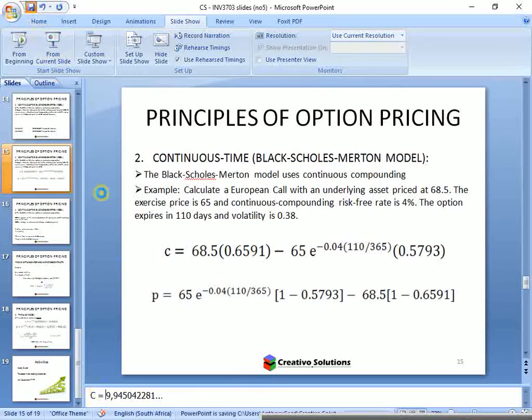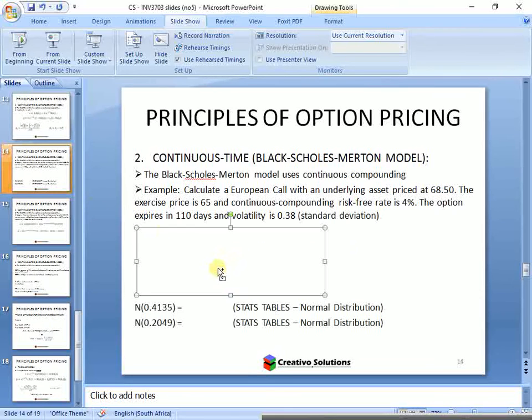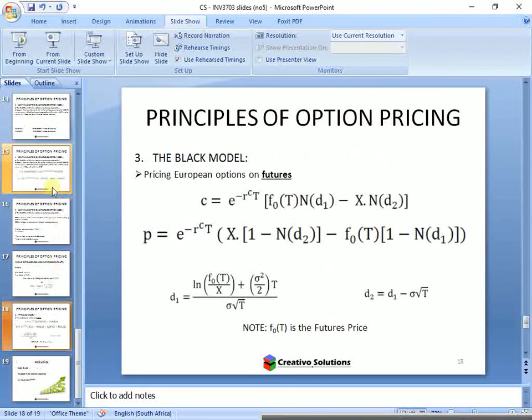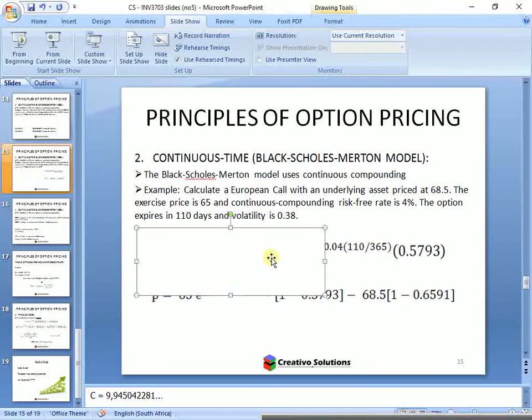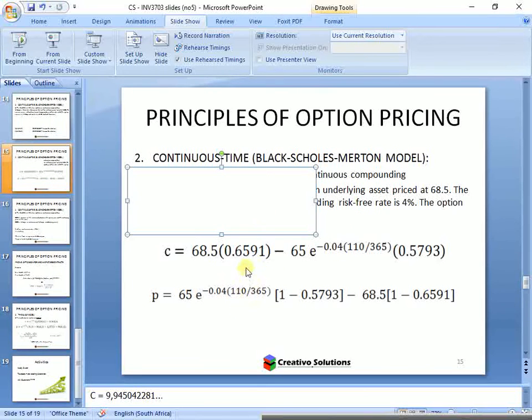Okay, so then let's check the put. The put here is, let's have a look. Okay, so I've got the 65. Okay, delete. So I need the 65. Okay, there's 65. 65e minus 0.04 times that. Okay, that all stays. Delete that bit.